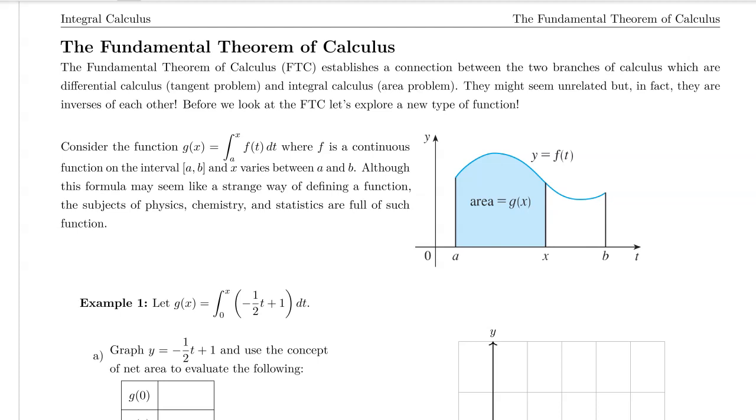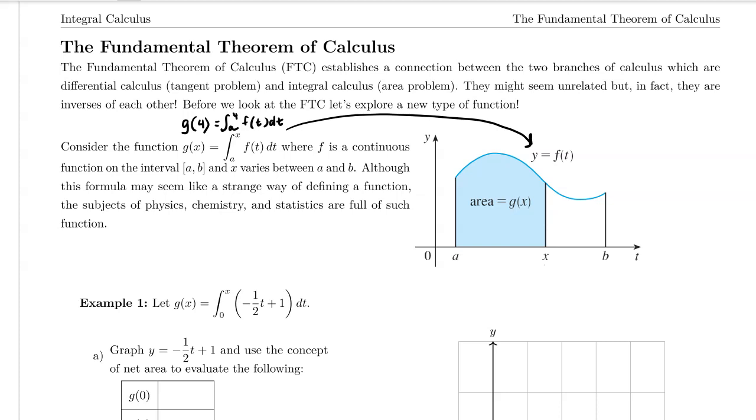So here we have defined g(x) to be essentially a function that looks at some other function and the area underneath the curve. So when I input a value into g(x), say for example I'm evaluating g(4), that means that we are looking at the definite integral from a to 4 of this function f(t).